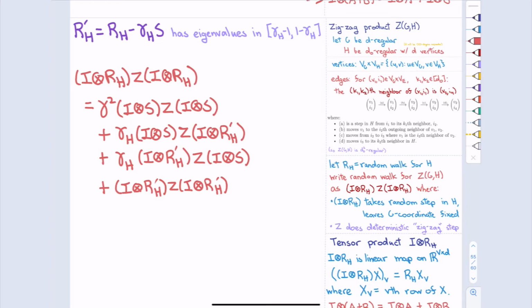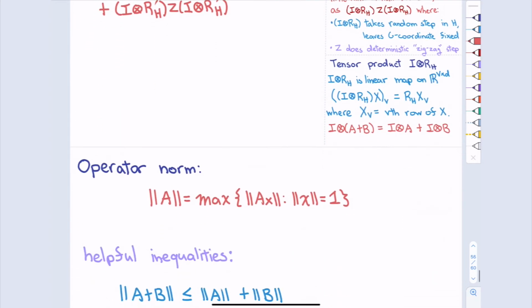So what I kind of want to do is analyze these parts separately, and I want to understand their eigenvalues, right? Because I want to show that the whole eigenvalue of the composition is nice and good. All right. So to do that, we need a little bit of notation.